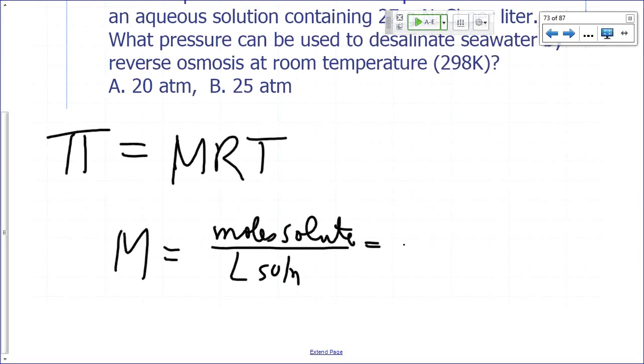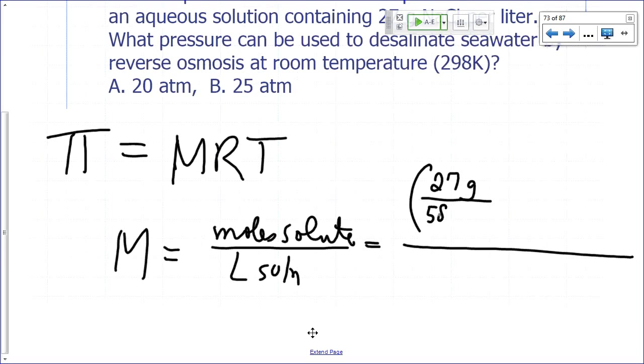So how do we get moles of solute? How many grams sodium chloride do we have? 27 grams. How do you change that to moles? The molar mass of sodium chloride is 58.44 grams per mole. Okay.